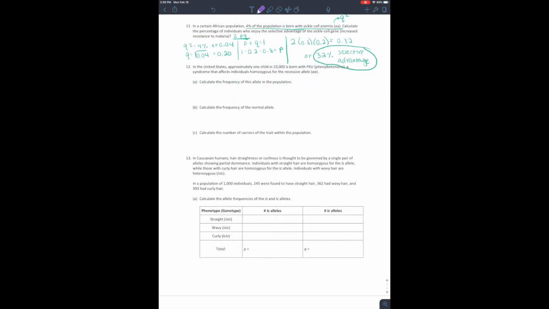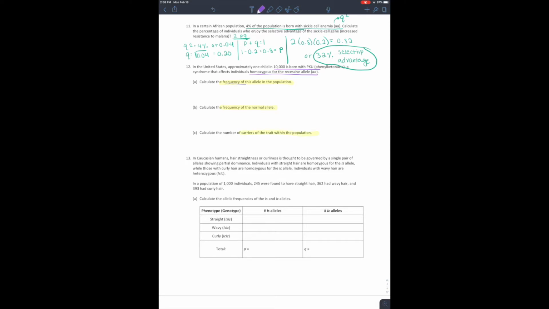All right, in the United States, approximately 1 child in 10,000 is born with PKU, a syndrome that affects individuals that are homozygous for the recessive allele. This is a 3-part question. We're going to calculate the frequency of this allele in the population. We're going to calculate the frequency of the normal allele and calculate the number of carriers.